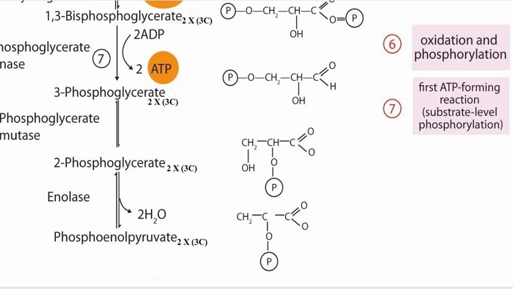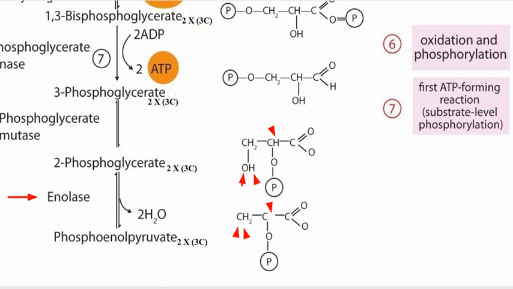Now what happened in this process? H2O will be moved out. H gone, H gone, O gone. H2O is gone from this process. So by removing H2O using the enzyme enolase in point number 9, from 2 molecules of phosphoglycerate we will get 2 molecules of phosphoenol pyruvate.